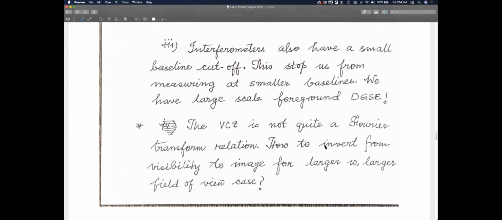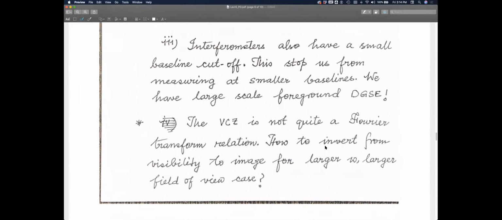Most of the interferometers also have a smaller baseline cutoff. So it cannot measure lower than a certain baseline. There is a maximum baseline up to which you can observe, but there is also a smallest baseline which makes a circular hole in the center of the baseline grid.